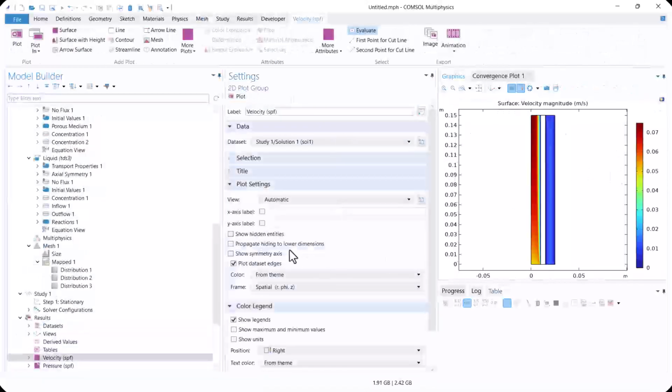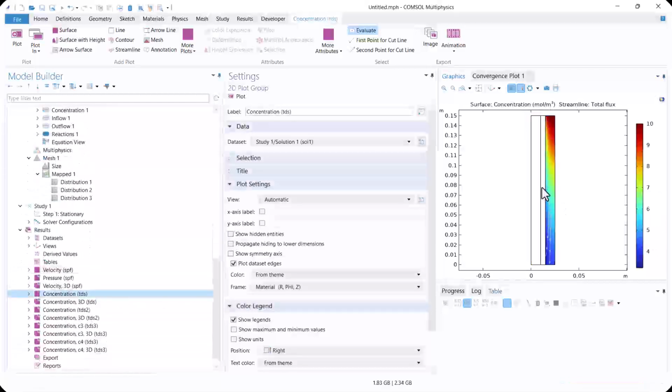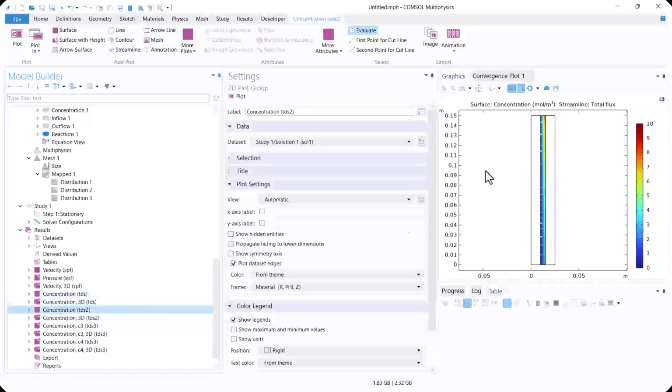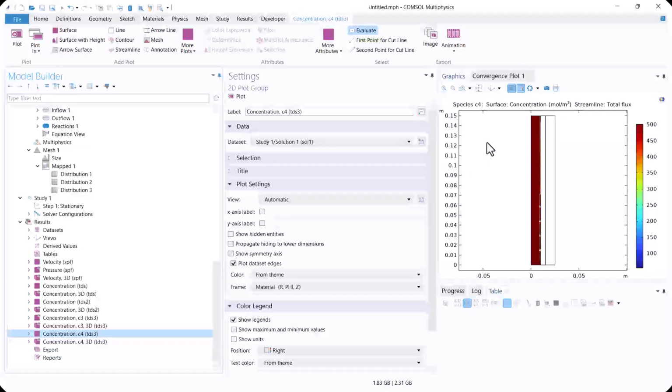This is our velocity distribution, and now we need to check our concentration, the gas component concentration in the gas phase. We can also see the concentration in the membrane. We need to check C4 also.